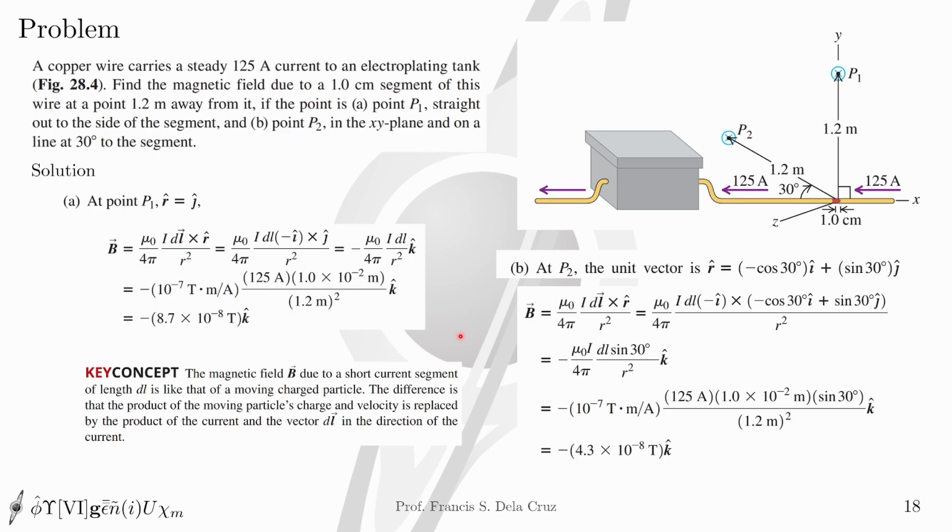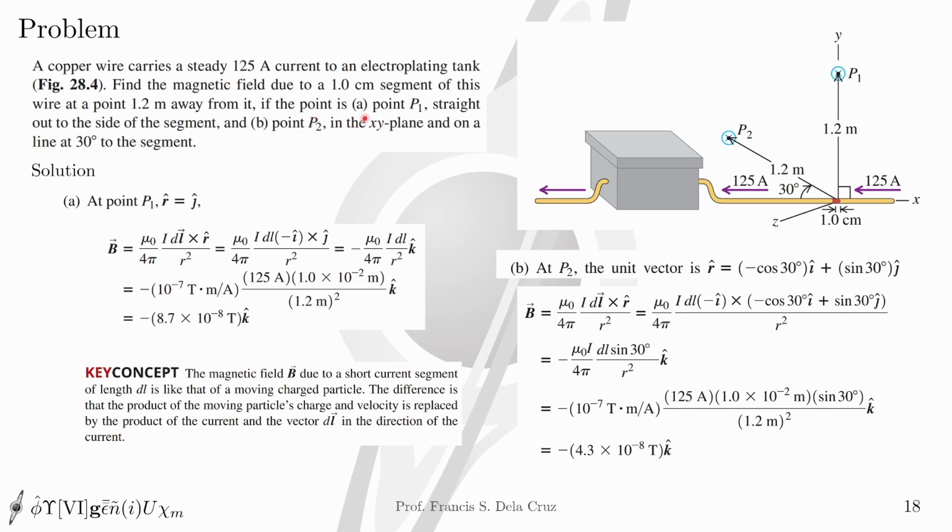A copper wire carries a steady 125 ampere current to an electroplating tank, as you can see in the figure. Find the magnetic field due to a 1.0 cm segment. So we're just given a segment of this wire at a point 1.2 meters away from it.